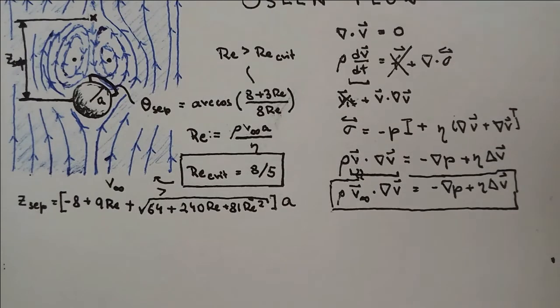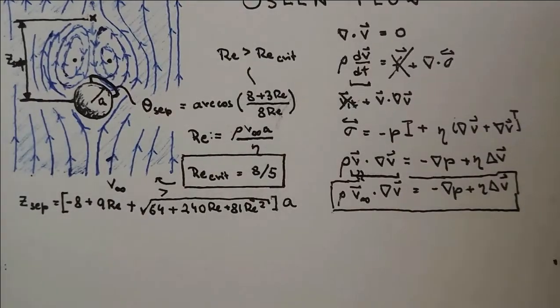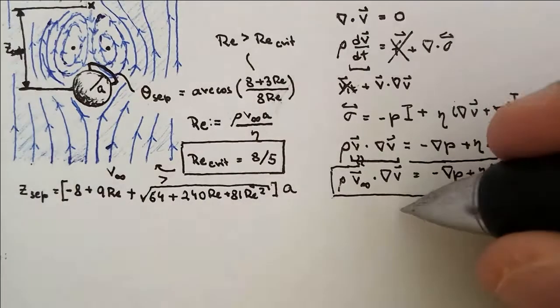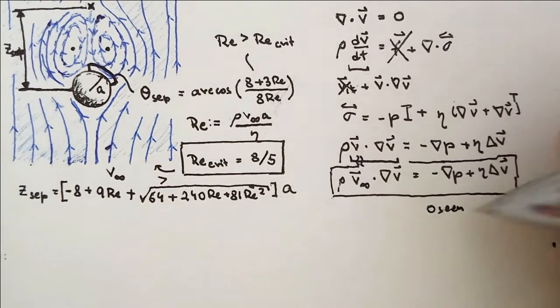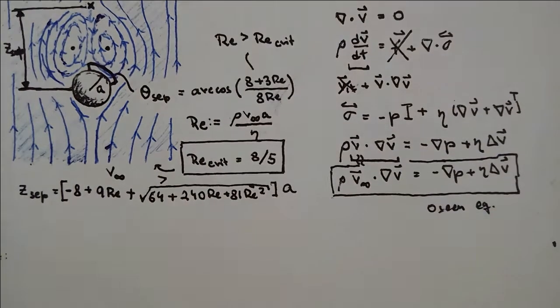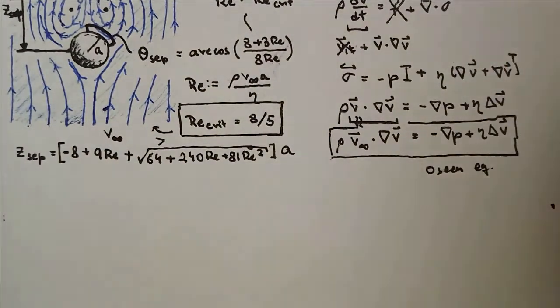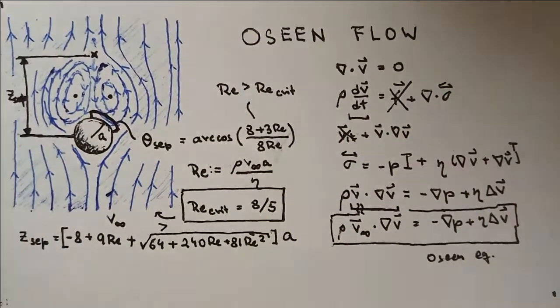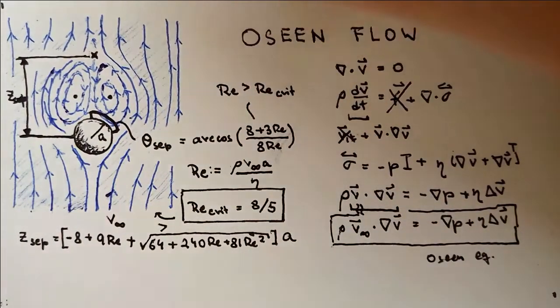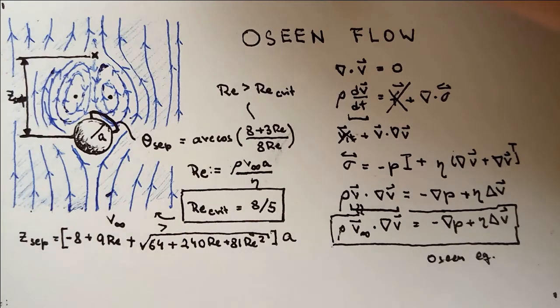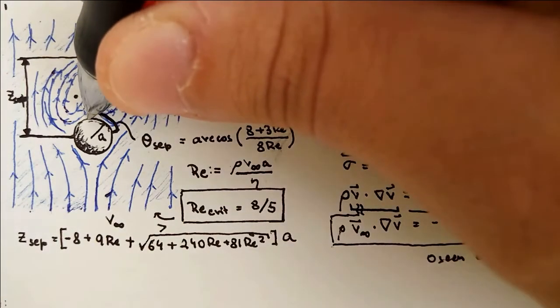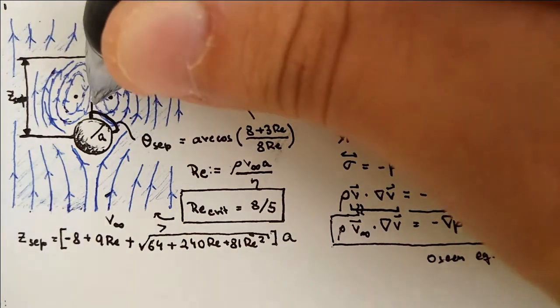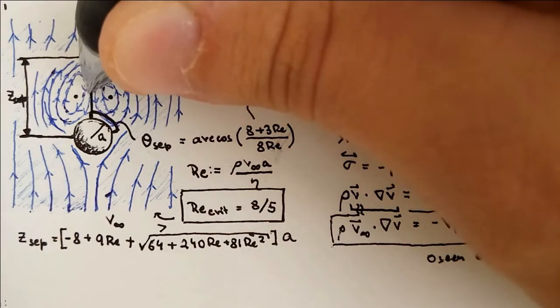So what next? Again, this is the Oseen equation. V at infinity looks like this, because we will use a combination of polar, cylindrical and spherical coordinates. This direction basically is the direction of the z vector.